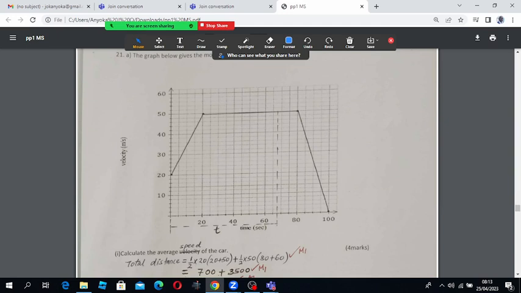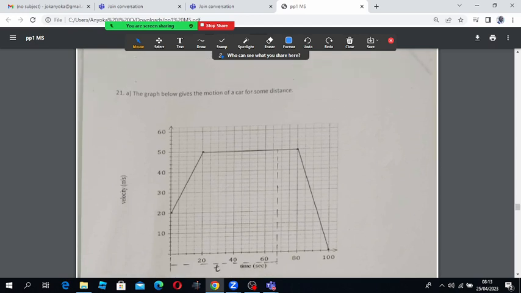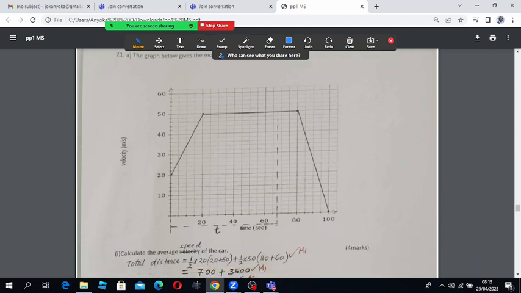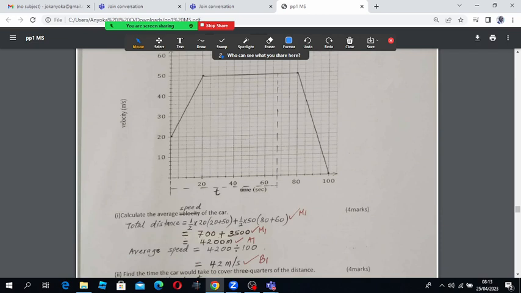Question 21. The graph below gives a motion of a car for some distance. It is the graph of velocity against time, a velocity-time graph.